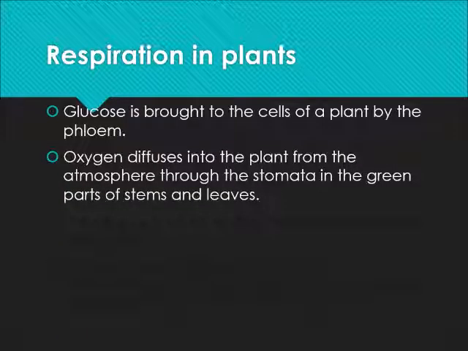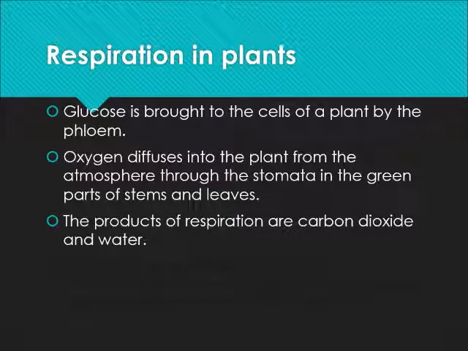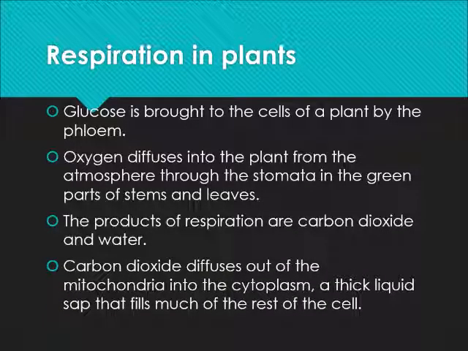Oxygen diffuses into the plant from the atmosphere through the stomata in the green parts of the stems and leaves. And the products of respiration are carbon dioxide and water. Now, carbon dioxide diffuses out of the mitochondria, that's where respiration takes place, into the sap that fills the rest of the cell.